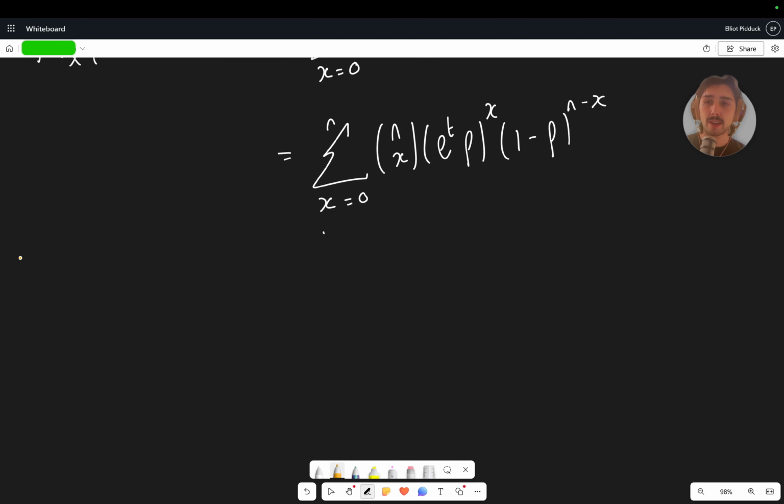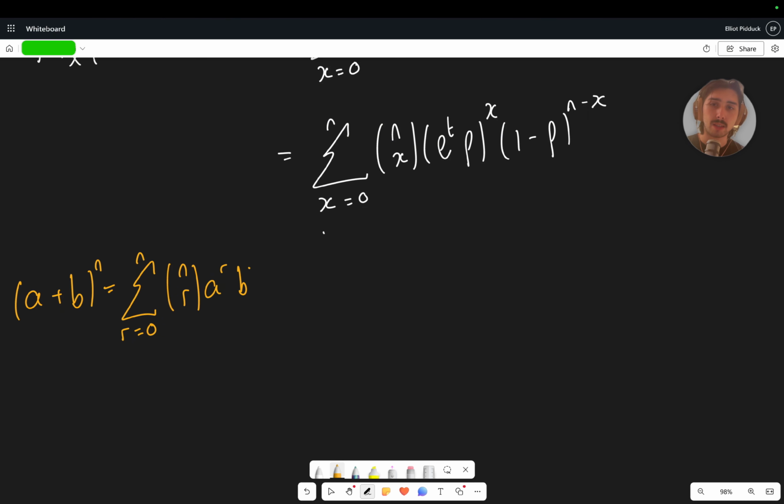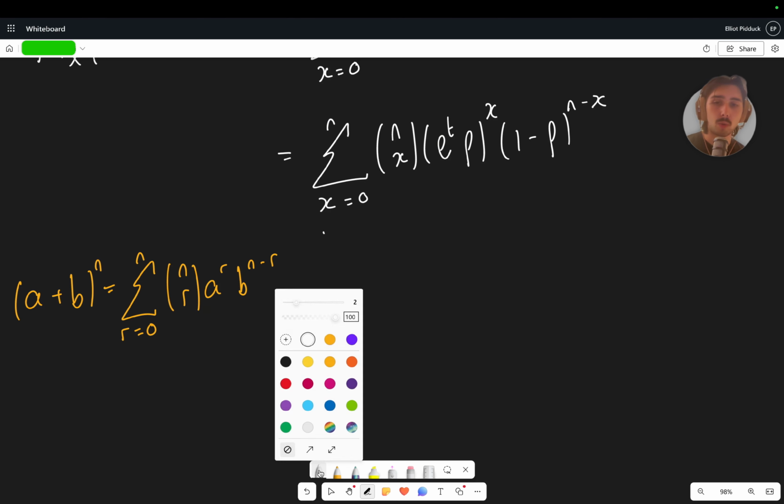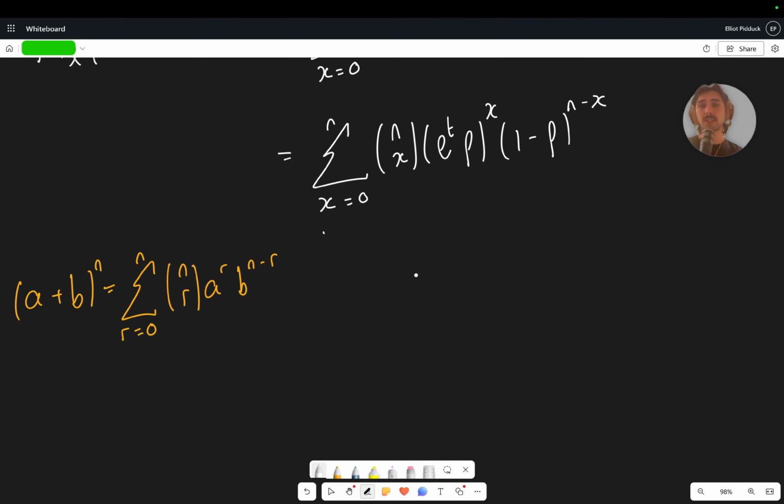So what I mean by that is, if we consider just in general a plus b to the power of n, using the binomial theorem, this is equal to the sum from, let's say, r equals 0 up to n of n choose r times a to the r times b to the n minus r. Comparing that to what we've got, you can see that it actually looks exactly the same.